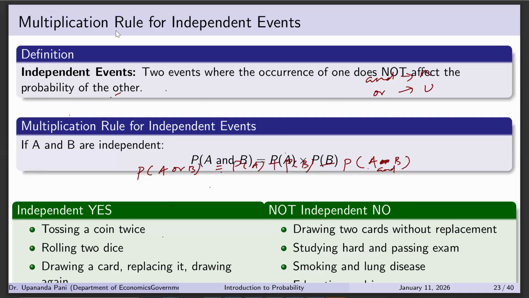Now let us go to the next: the multiplication rule. This is very important. First of all, try to understand what we are discussing over here.